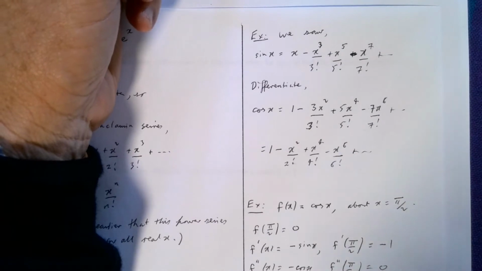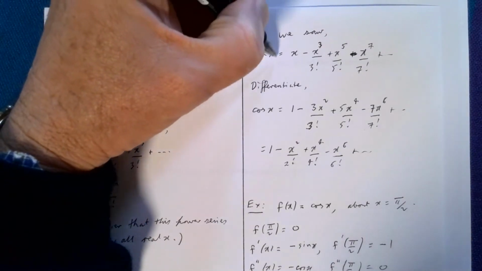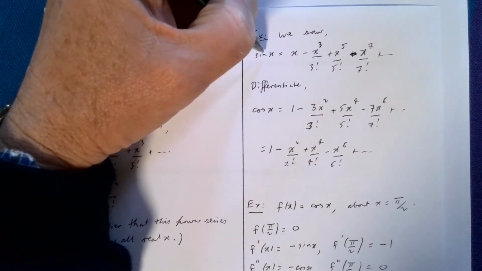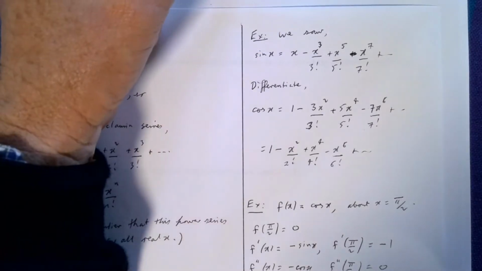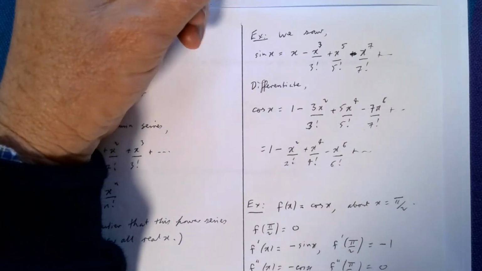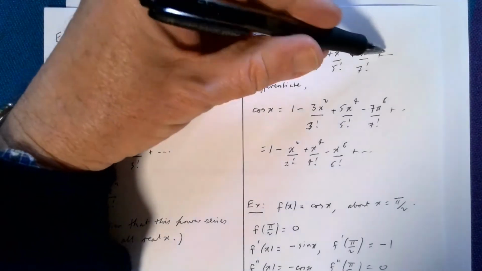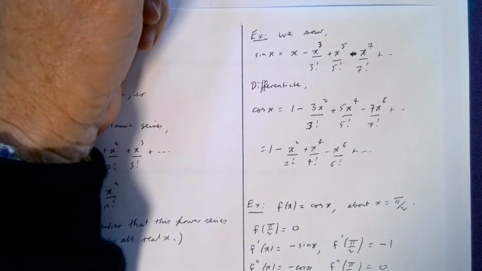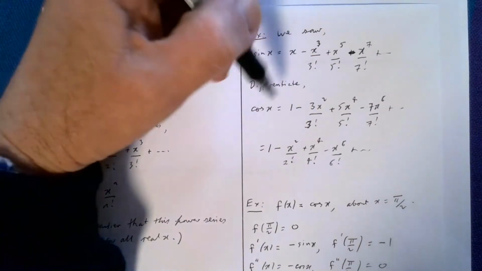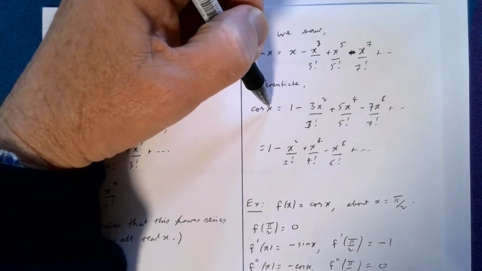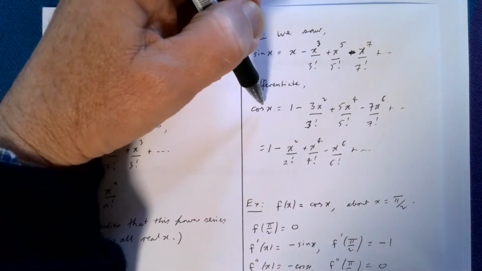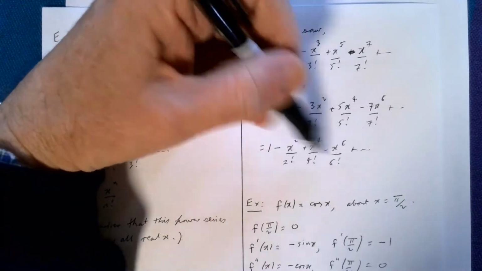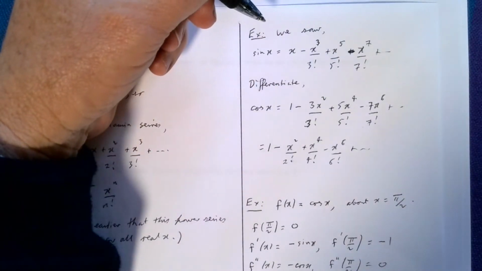And if you think about this as well, you know that sine is an odd function. That is, sine of minus x is minus sine x. And you get the odd powers of x in the power series, which is very nice. And cos is an even function. If you take the cos of minus x, you get the cos of x. And in the power series, you get the even powers of x.